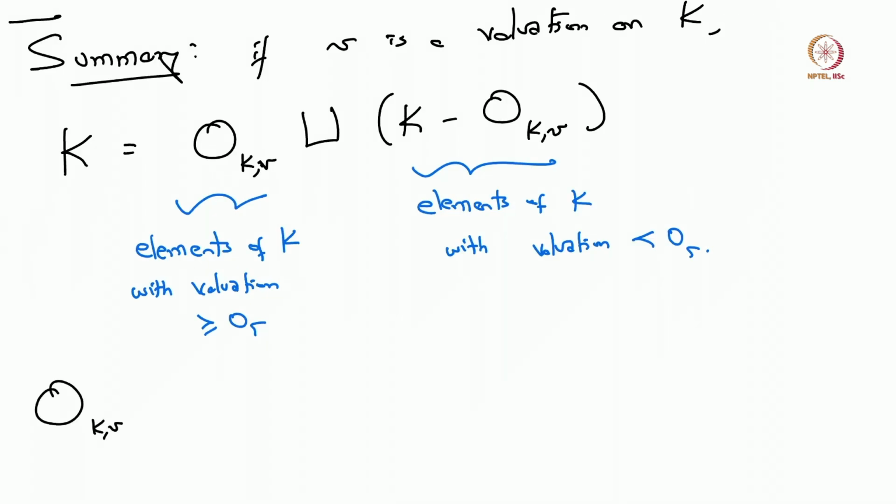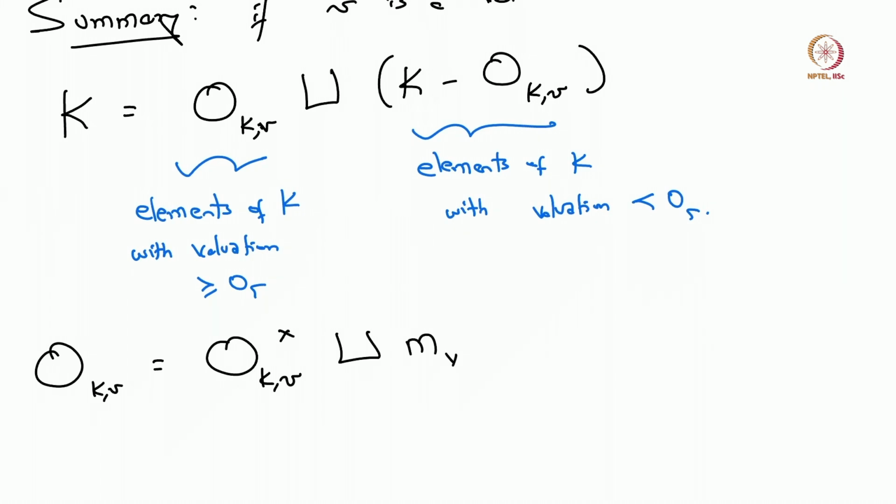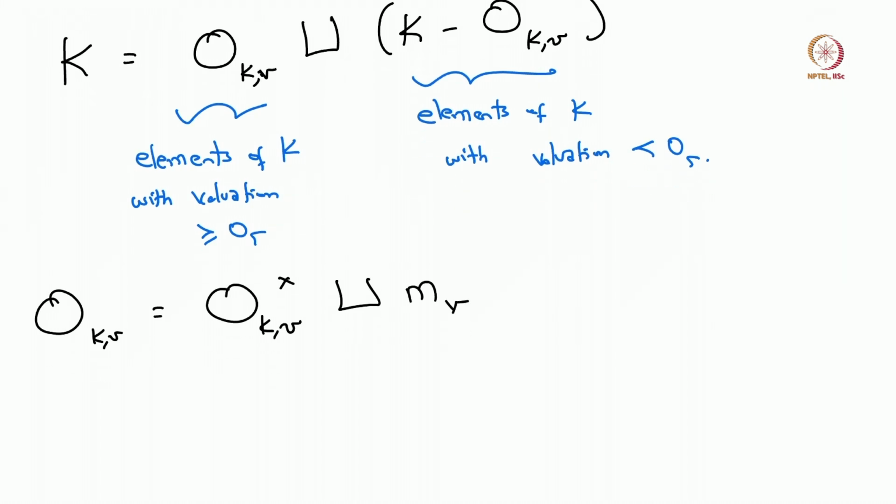And now for the valuation ring itself, you have this unique maximal ideal M_v, and you have the units. And since O_Kv is a local ring, you can write this as a disjoint union of its units and its maximal ideal. And again, you can characterize the maximal ideal and the units as follows using the valuation.